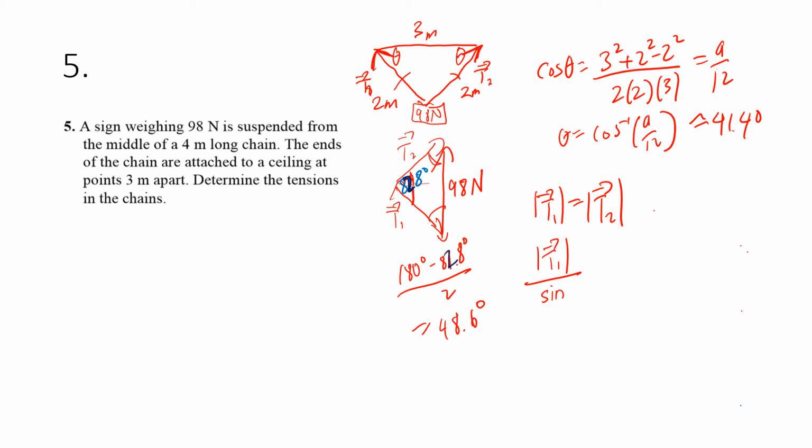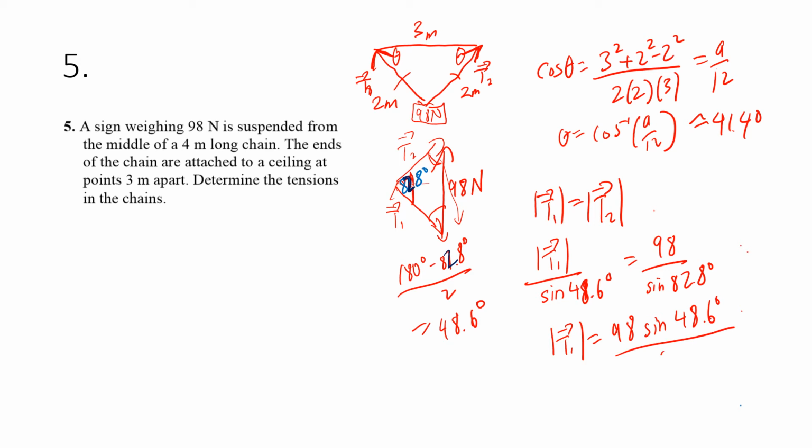So T1 over sine 48.6 degrees is equal to 98 over its opposite angle, sine 82.8 degrees. So T1 is equal to 98 sine 48.6 degrees all over sine 82.8 degrees, which is approximately 74.1 newtons.